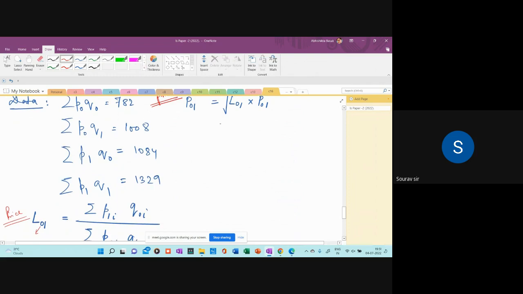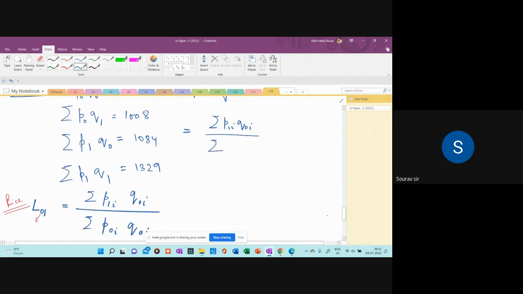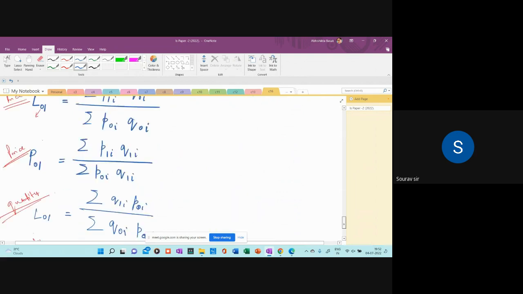So for price, the value of L naught 1 is basically summation over P1I Q naught I divided by summation over P naught I Q naught I, into the P naught 1 for price.